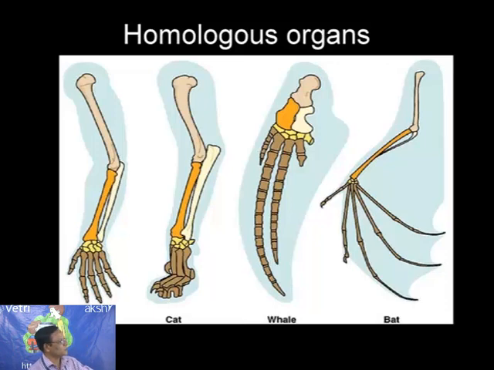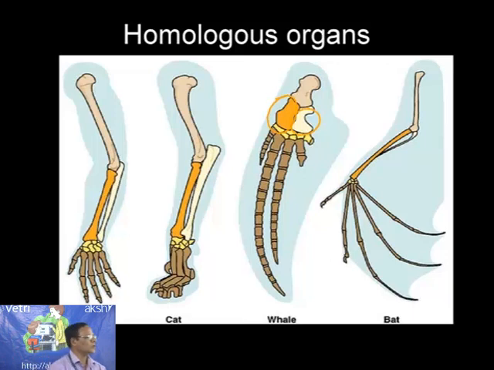See the colors in all cases. This is the radius, and this is the ulna, the yellow colored one. The different colors indicate the similarity in structure of bones. So in all cases we have the basic structure, but they are modified for doing different functions. In the case of humans, for manipulation. In the case of cat, it is used for walking.